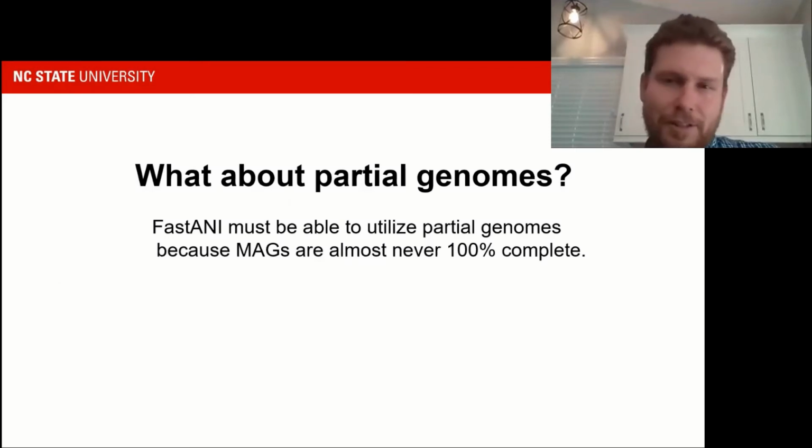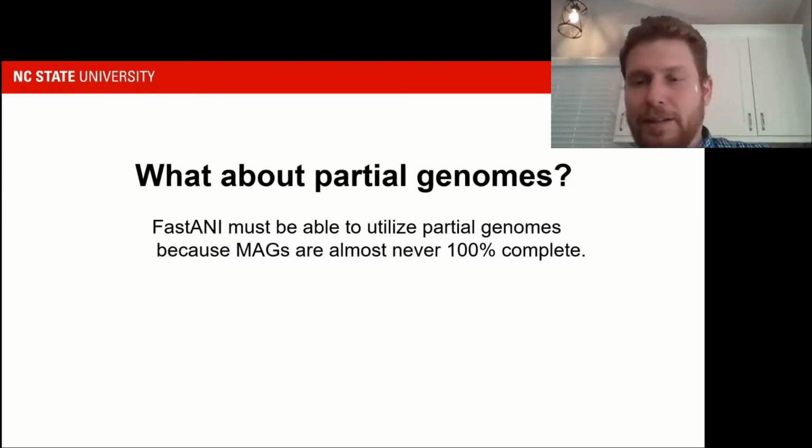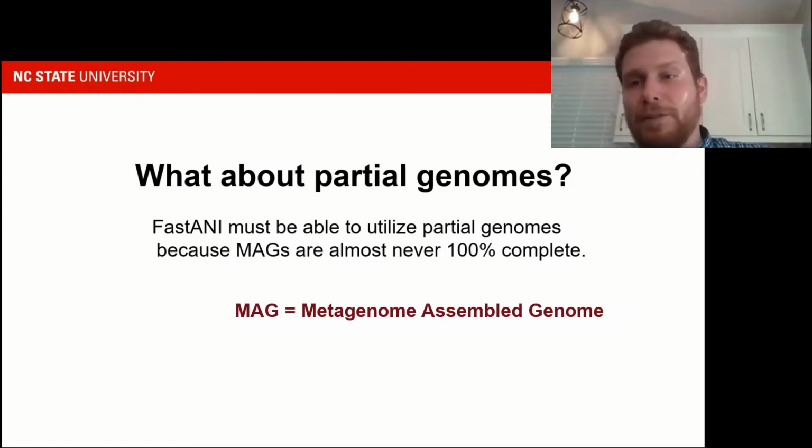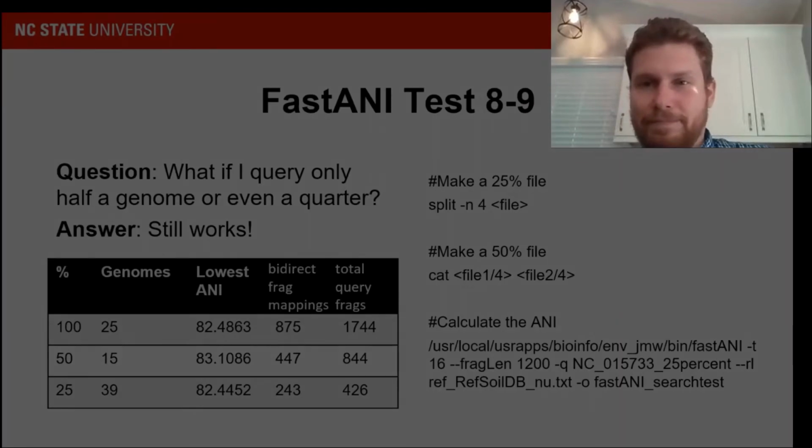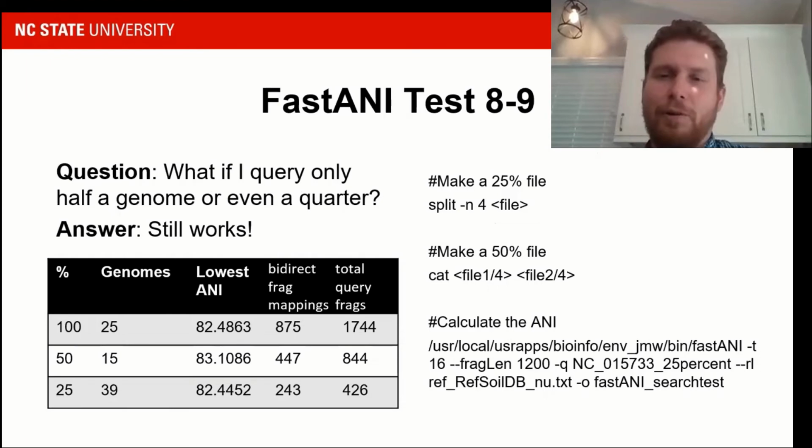What about partial genomes? Remember, it's important for FastANI to be able to utilize partial genomes because metagenome-acquired genomes are almost never 100% complete. So what happens if I query only a fraction of a genome, say half or a quarter? Does FastANI still find matches?